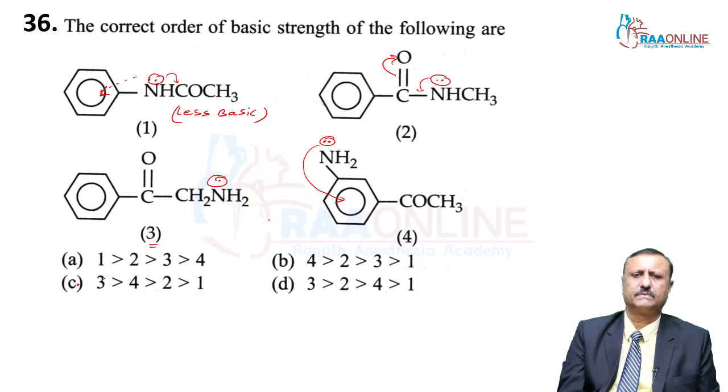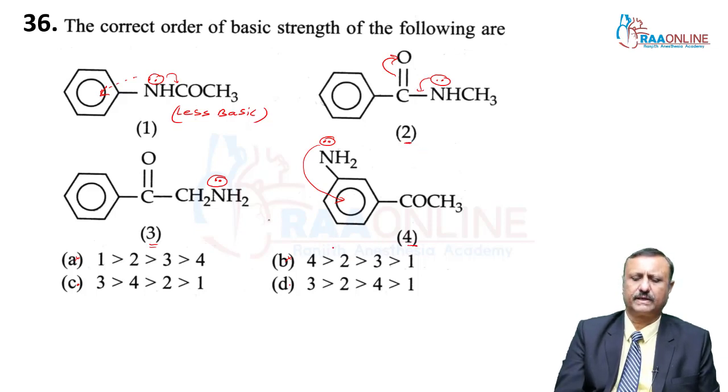Then third is more basic, which means C or D. The answer is C or D, because in the third, the electrons do not go into the resonance. After third, you have to decide between fourth and second.